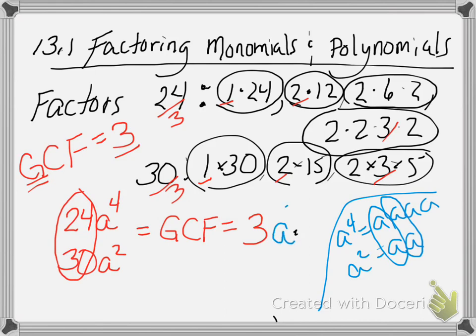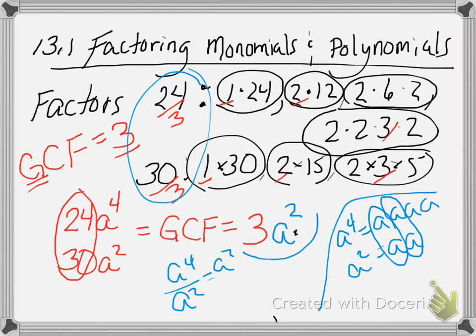So a squared. And I can also double check it like I did with the 3 right here. A to the 4th divided by a squared, that goes into that exactly 2 times. And I can do the same with a squared going into a squared equaling 1. So 3a squared is the greatest common factor.